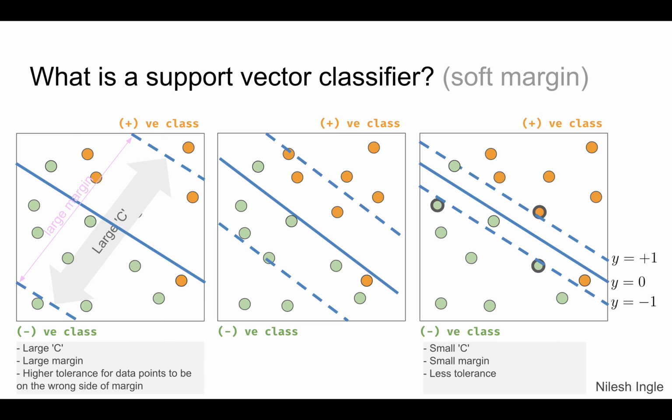So we are allowing the data points to be where they want, and not adding too much penalty on them. But as we start to reduce the value of c, we see that this margin becomes narrower, and with a small margin there is indeed a lesser tolerance that the data points would be on the wrong side of the margin.